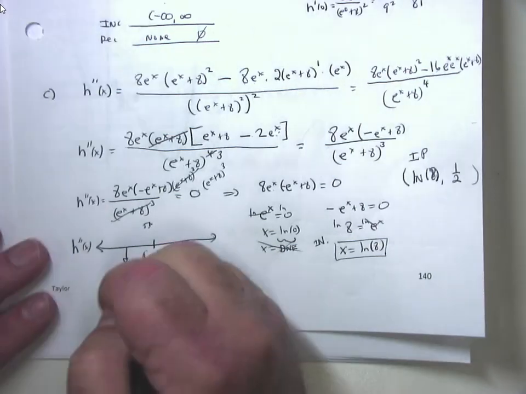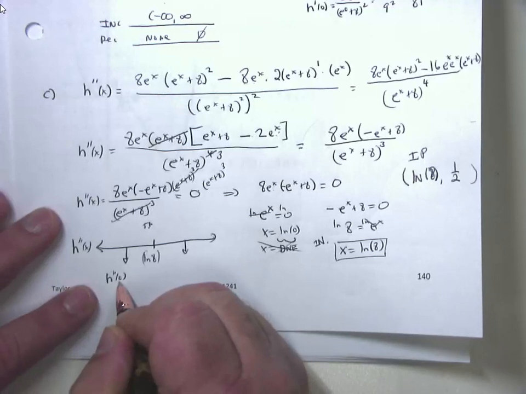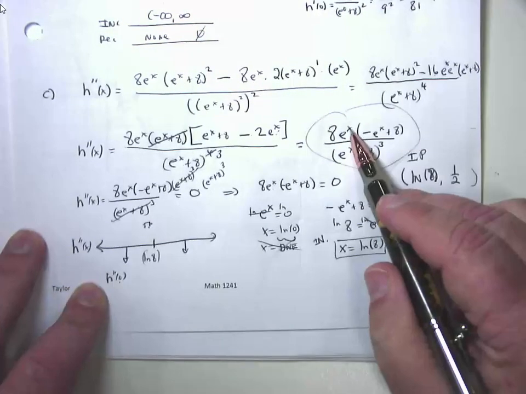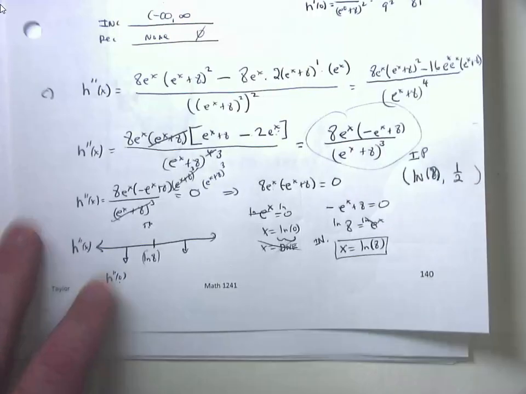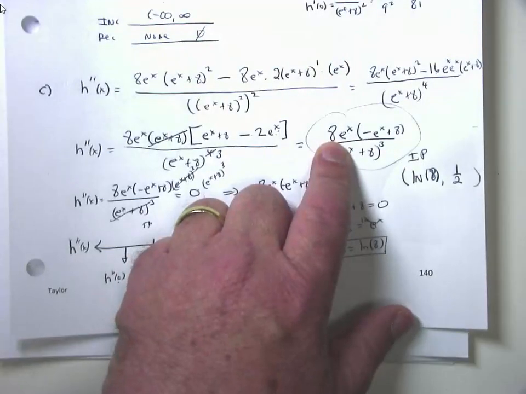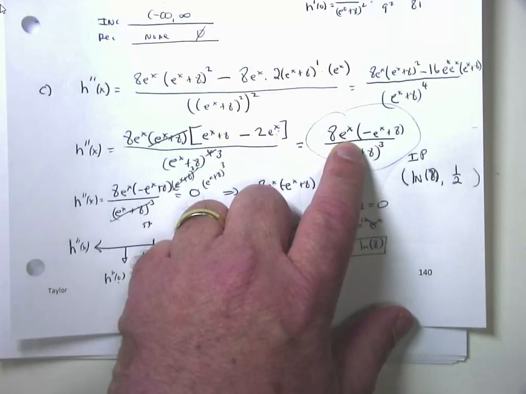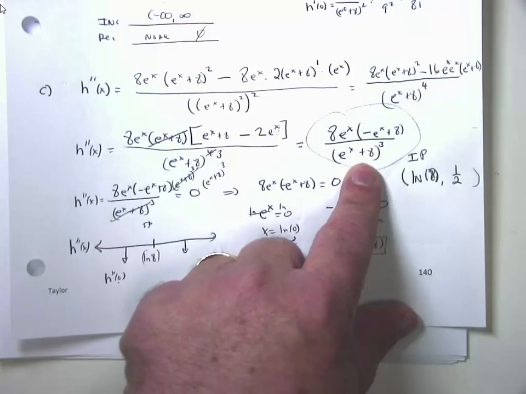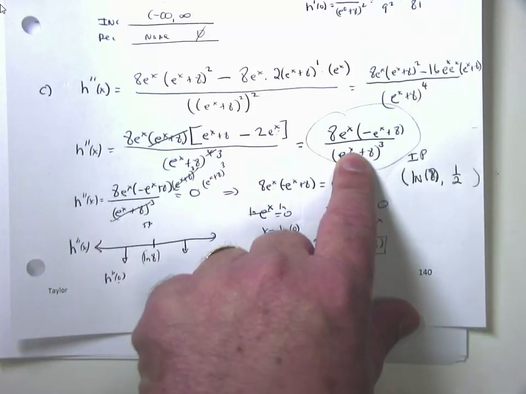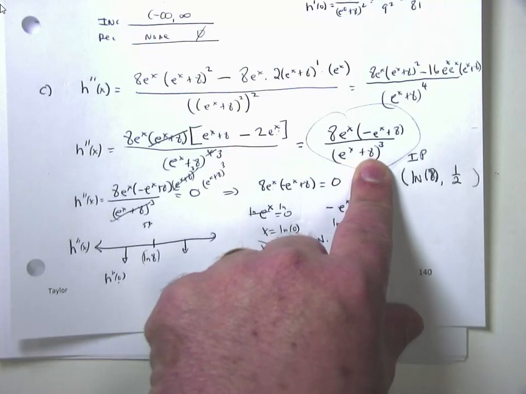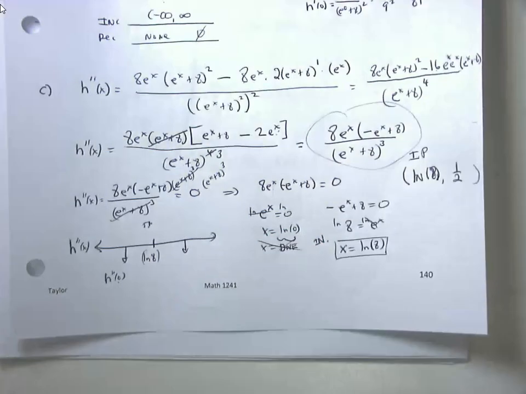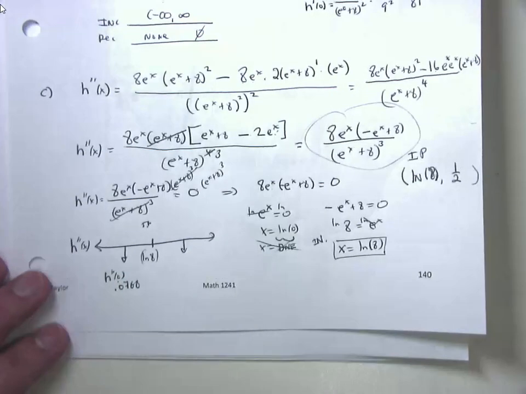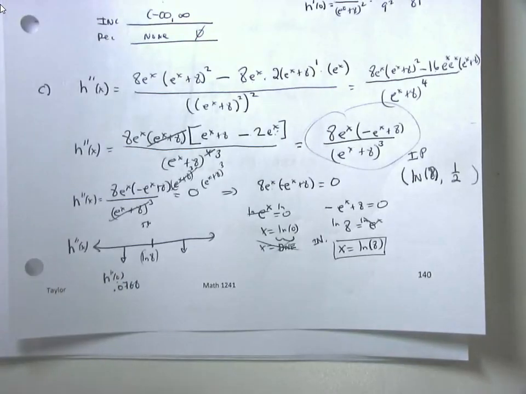Plugging 0 into your second derivative, e to the 0 is 1. So this will be 8 times 1 times (negative 1 plus 8) is 7, times 7, divided by (e to the 0 is 1, plus 8 is 9) cubed. You get 0.0768. Who cares what the number is? It's positive.